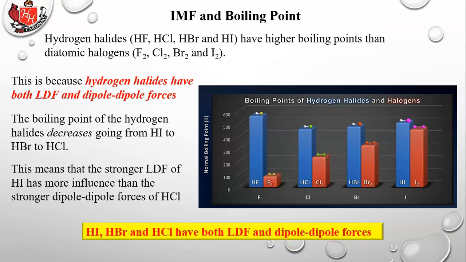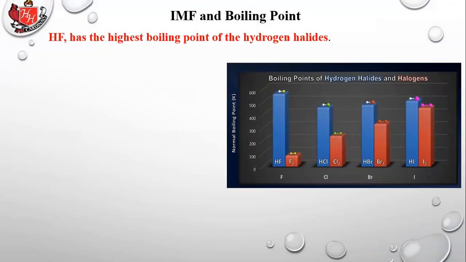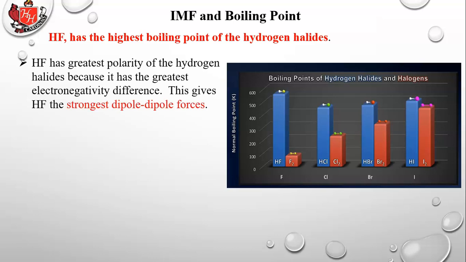So HI, HBr, and HCl have both London dispersion forces and dipole-dipole forces. HF has the highest boiling point of all the hydrogen halides. So now you look over to the left and you see that blue column is the tallest of any of the molecules there. HF has the greatest polarity of the hydrogen halides because it has the greatest electronegativity difference.